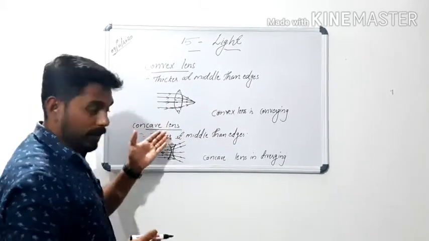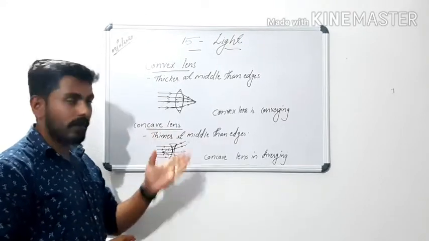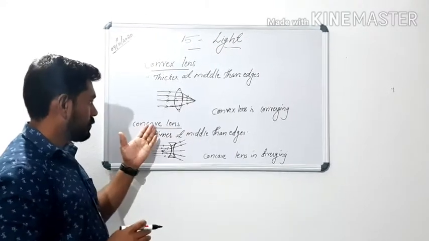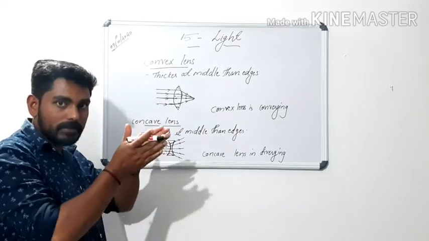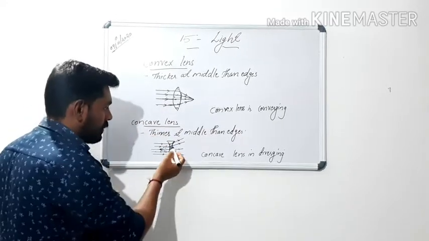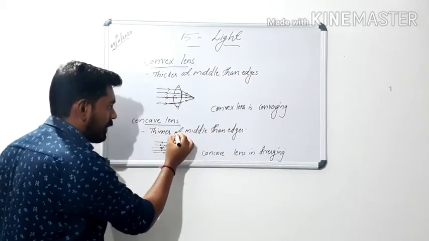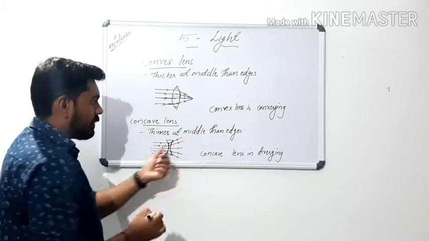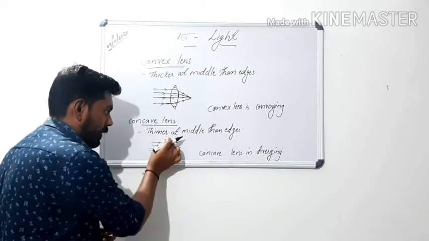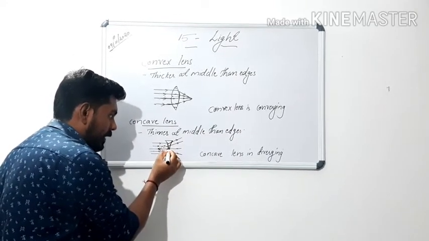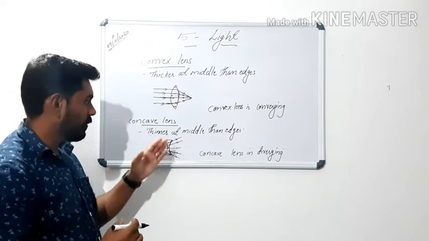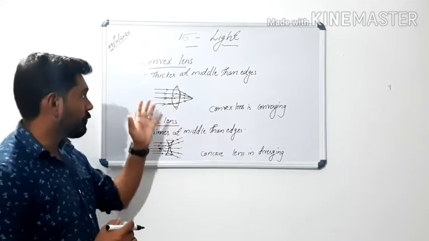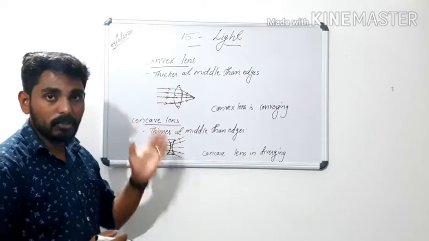In the case of a concave lens, the name itself indicates a cave, meaning the shape of a cave. Here you can see it is thinner at the middle than at the edges. In the middle the lens is thin and at the edges it is thick. These are the main differences between a concave lens and a convex lens.